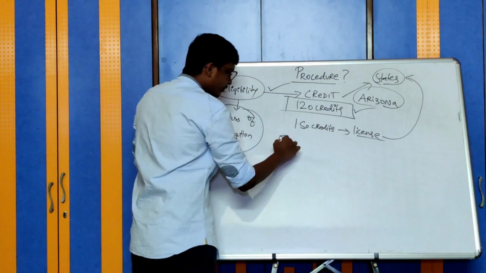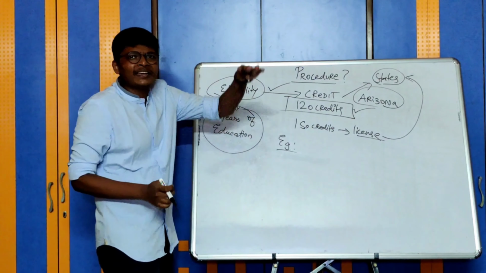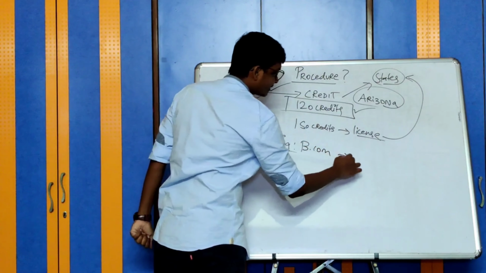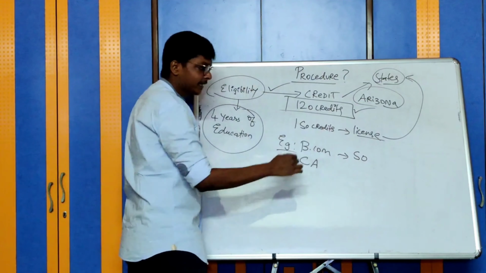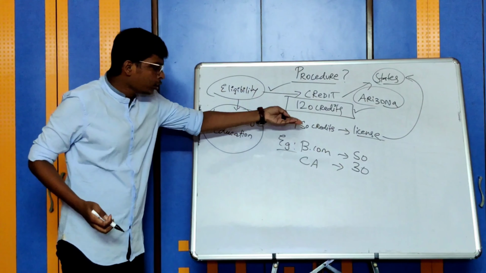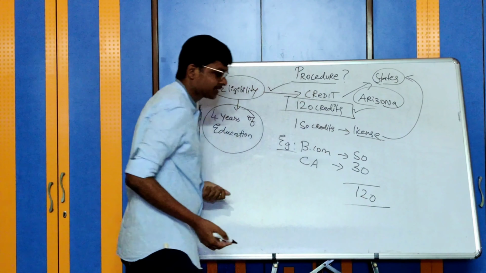For example, and these are not the actual numbers, because these numbers keep varying every year and state to state, let's say you have a BCom. This qualifies for 50 credits. Let's say you are a qualified CA. This qualifies for another 30 credits. You have to check whether all your experience and qualification totals up to 120 credits.